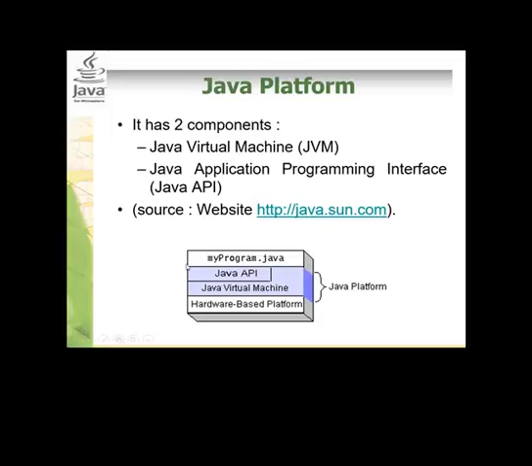You can see this is the basic structure: this is your code, then the Java API is combined with it and executed as a class, and the Java virtual machine will run the code together on the computer.